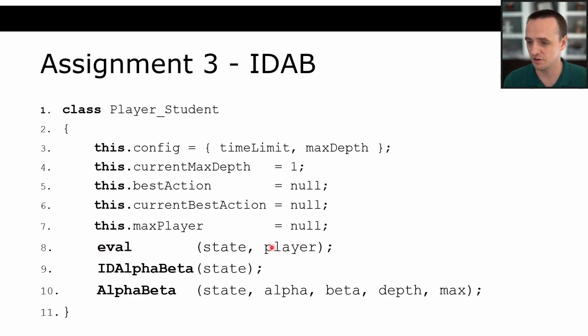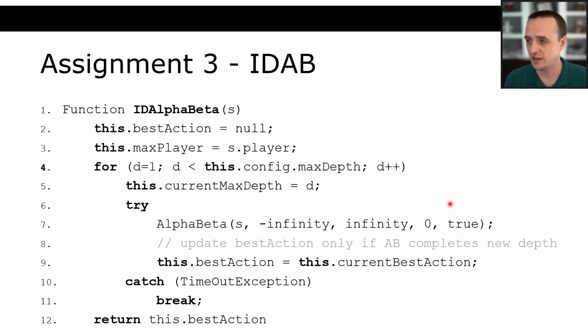Okay, that's the heuristic function. You're going to have iterative deepening AlphaBeta. That's a function, and you're going to have the AlphaBeta function itself. Just like in previous assignments, this is your iterative deepening AlphaBeta function. I have written it for you on the slides in pseudocode. Actually, it's almost exactly JavaScript. It's depressing how much I've done of this assignment for you.